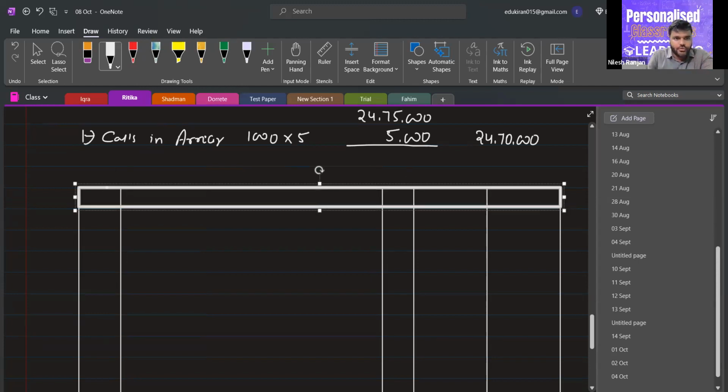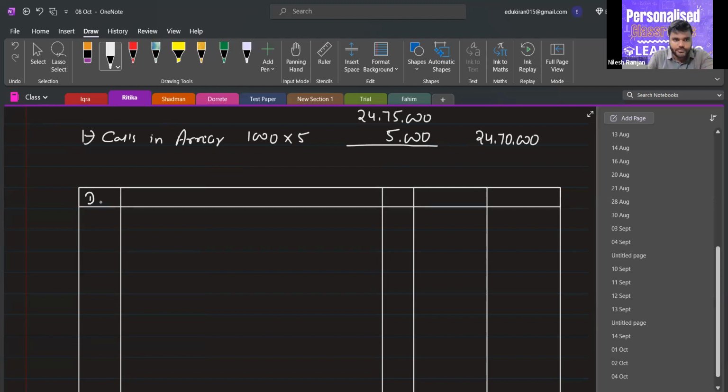Okay, so date, particular, LF, debit amount, and credit amount. So the first entry will be bank account debit to share application account.